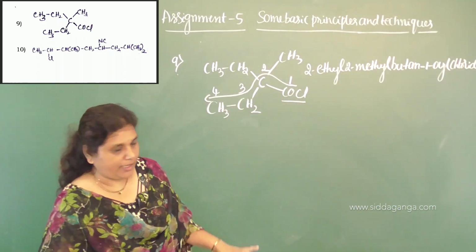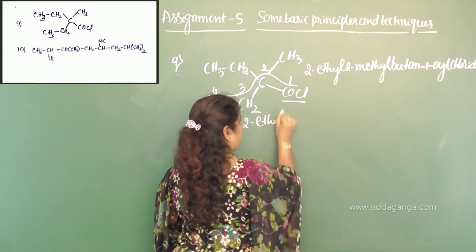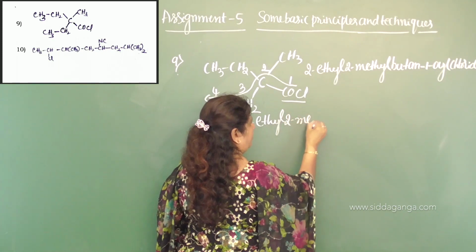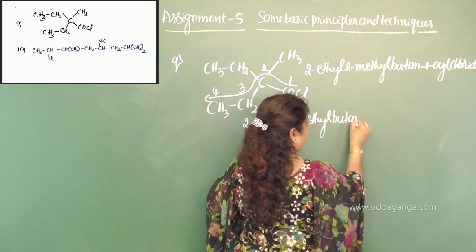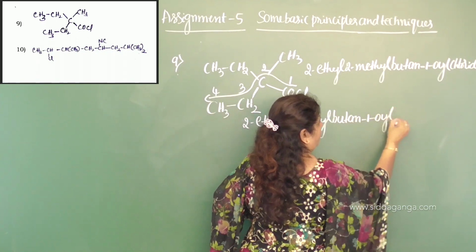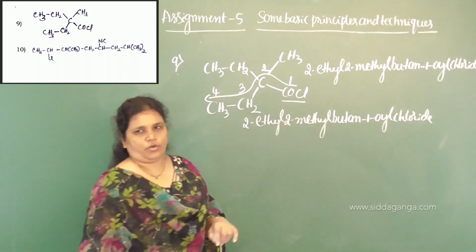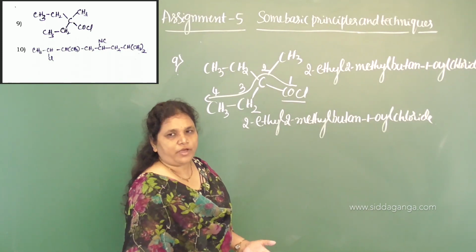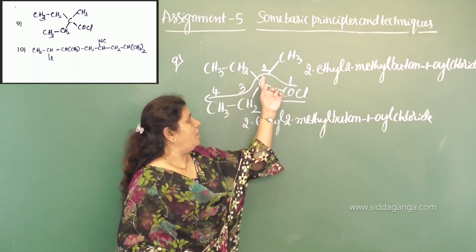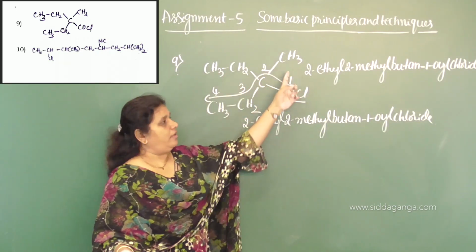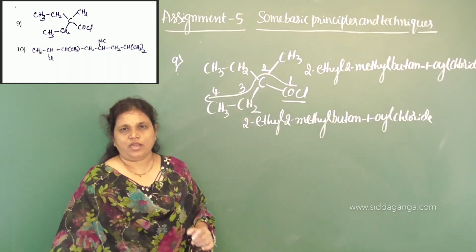So I'll rewrite here: 2 ethyl, 2 methyl, butane, 1 oil chloride, butanoyl chloride. If you ignore the locant 1, you can write it as butanoyl chloride. What is the name? 2 ethyl, 2 methyl, butane, 1 oil chloride or butanoyl chloride.